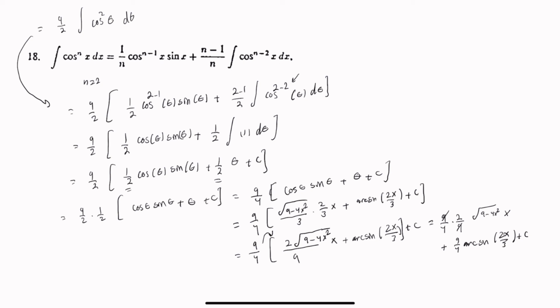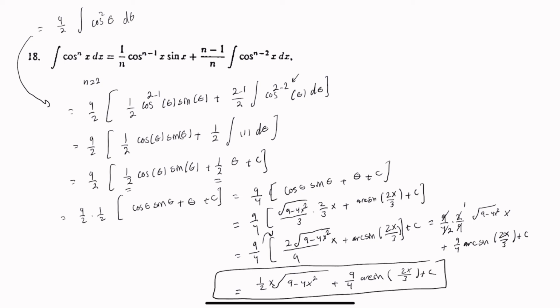These will cancel and this is going to be equal to 1 over 2. So this is going to be equal to 1 over 2 x multiplied by square root of 9 minus 4x squared plus 9 over 4 multiplied by arc sine of 2x over 3 and then plus the constant. And that should be the antiderivative of the given integral using trig substitution.